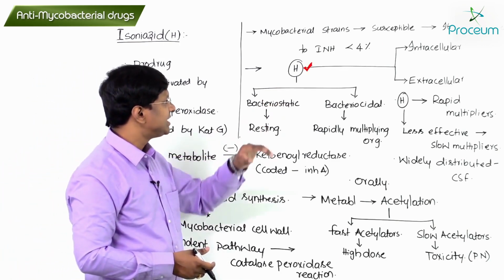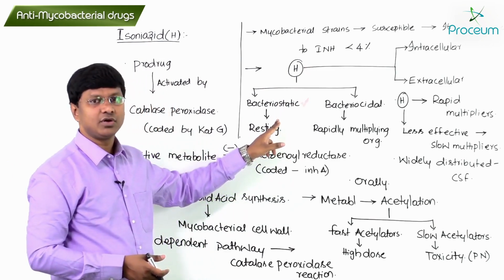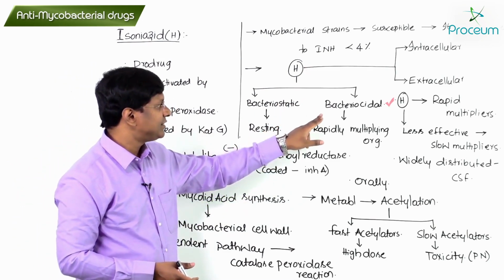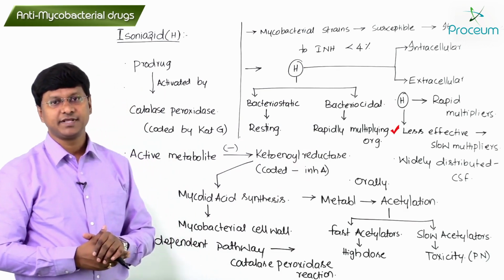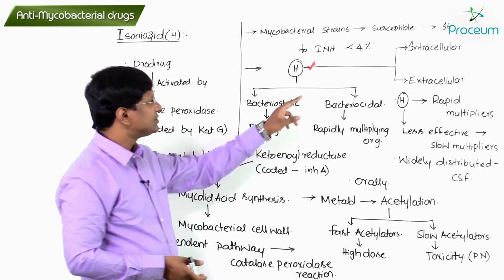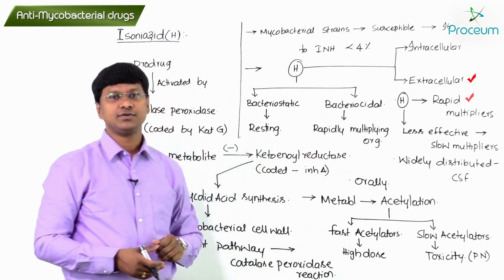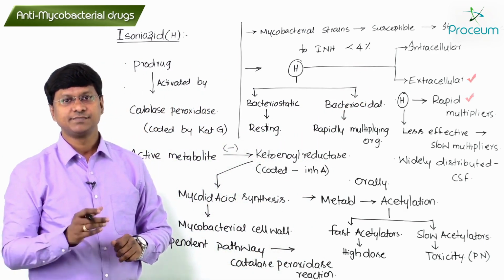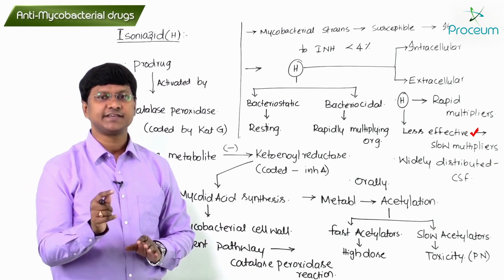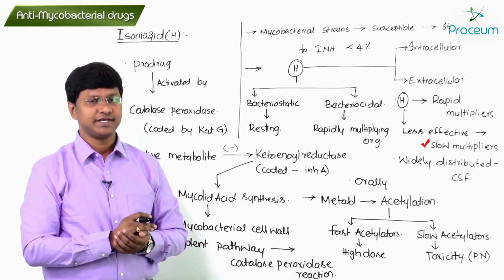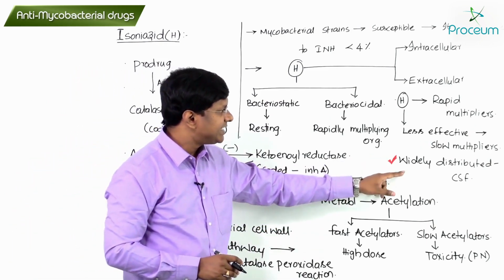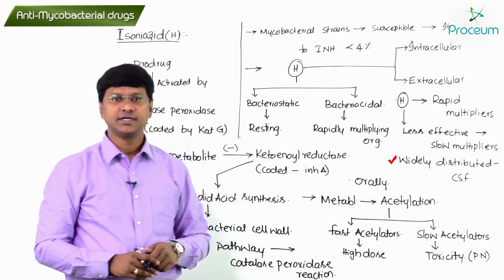Isoniazid is bacteriostatic on resting organisms and bactericidal on rapidly multiplying organisms. It is effective against intracellular as well as extracellular mycobacterial species. It is less effective against the slow multipliers, and it is widely distributed, including the CSF.